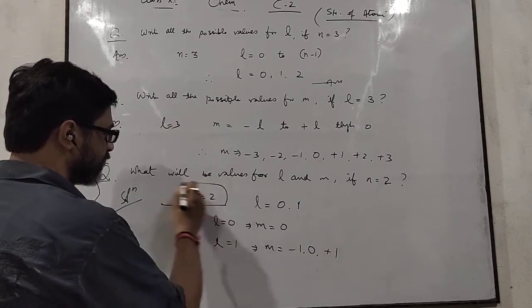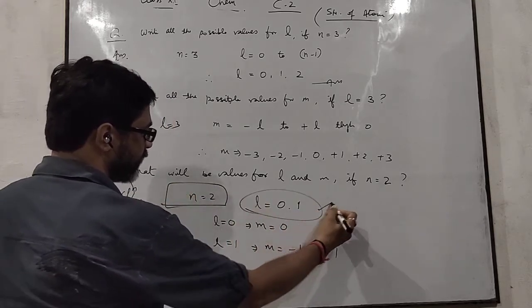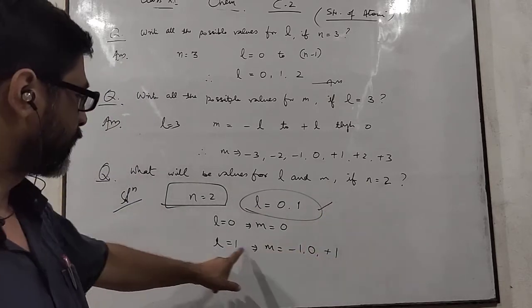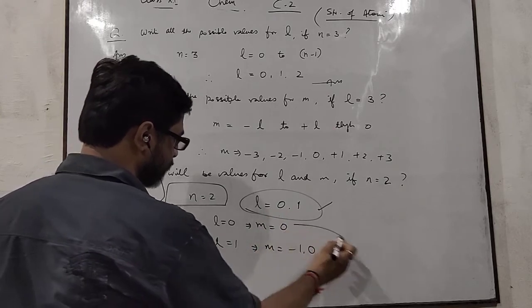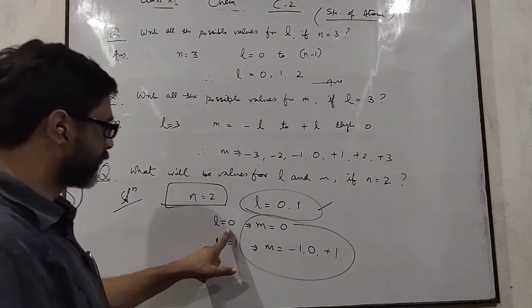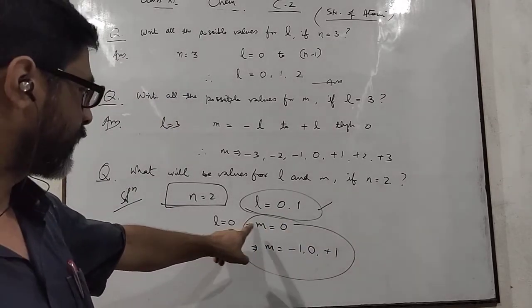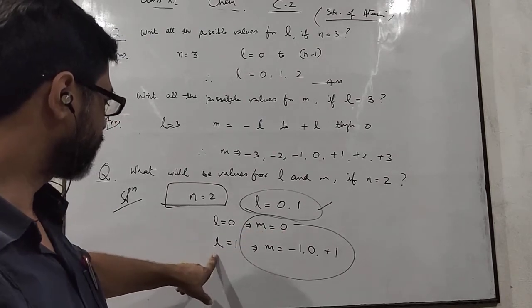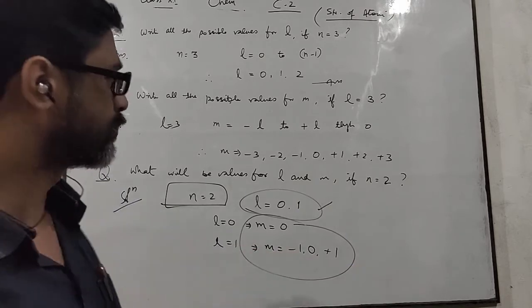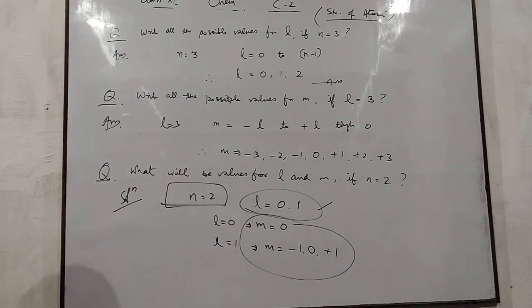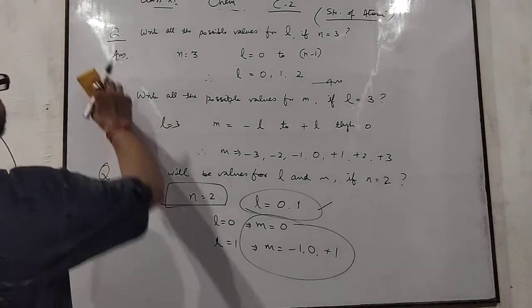Means, for a given n, the values of l will be 0 and 1, and for each value of l, we write values for m. If l equals 0, m is also 0. If l equals 1, m will be minus 1, 0 and plus 1. Okay? In this way, you can solve this type of question.